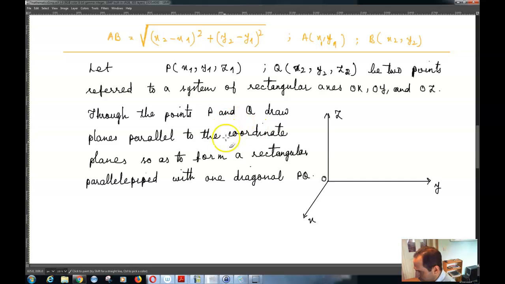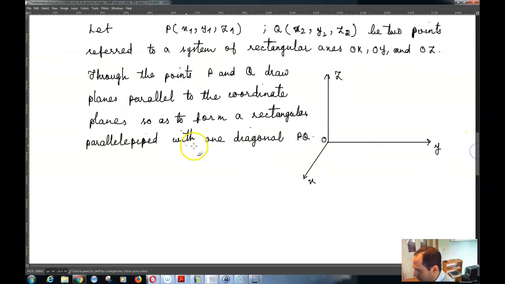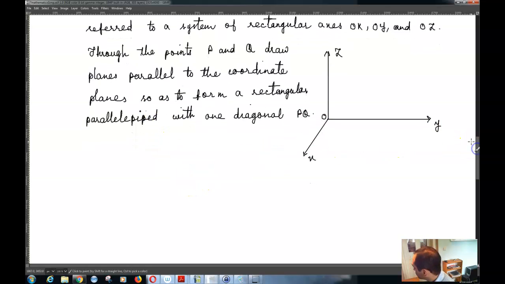Okay, so a parallelepiped is basically a three-dimensional figure in three-dimensional space, of course, in which all the six faces of that figure are parallelograms.